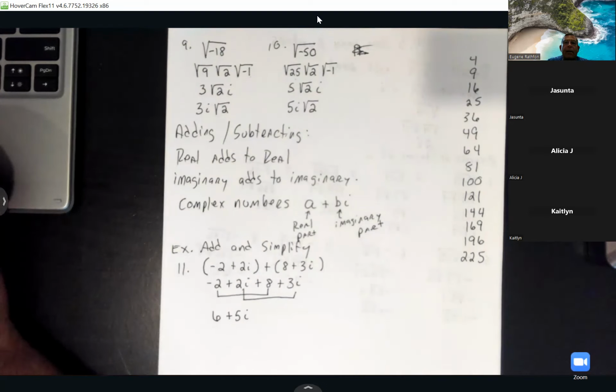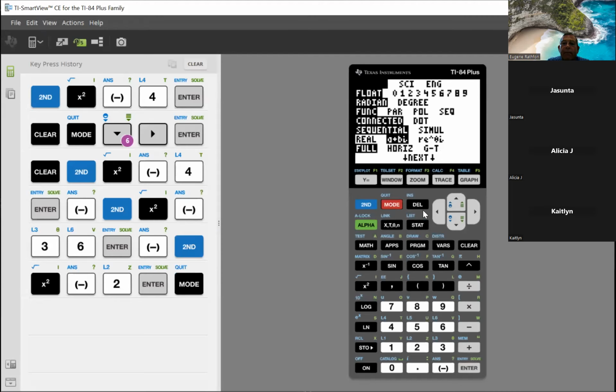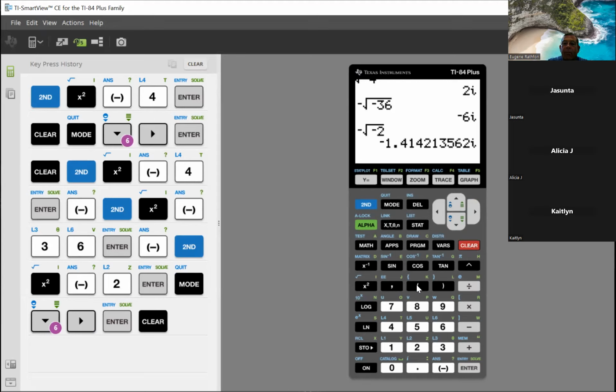So let's go to the calculator. Now, remember, on the calculator, when you hit that mode button, it's got to be on a plus bi. So make sure you're on a plus bi, and that is highlighted, okay? All right, so I'm going to start my parentheses. I had -2 plus 2i.